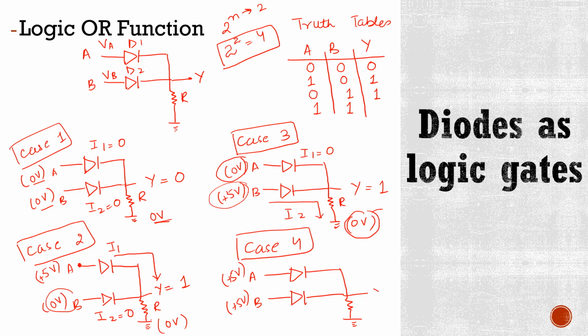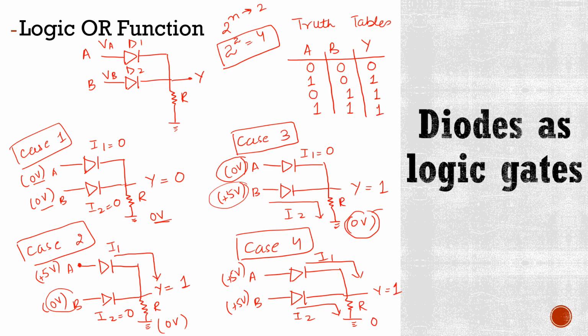It means current I1 will be flowing in this direction and current I2 will be flowing in this direction. This is R and this is 0. So in this case, again, we'll have some output.